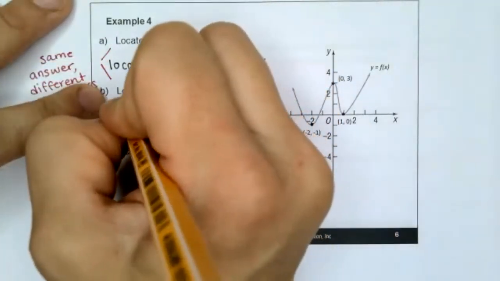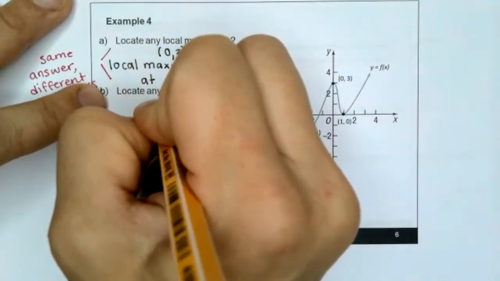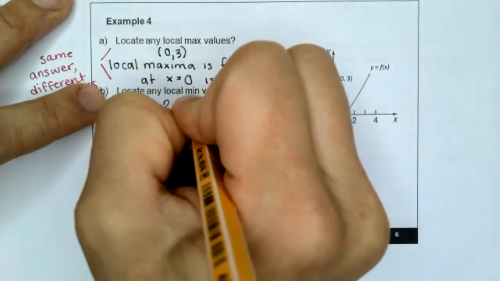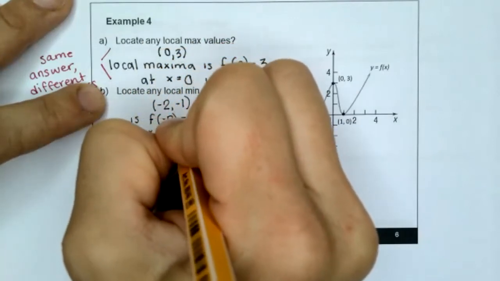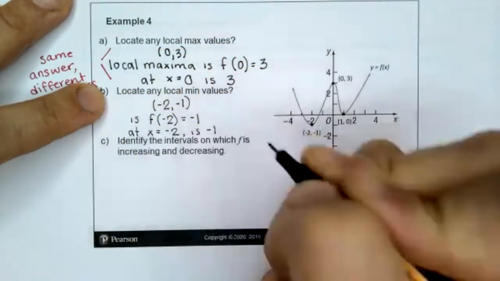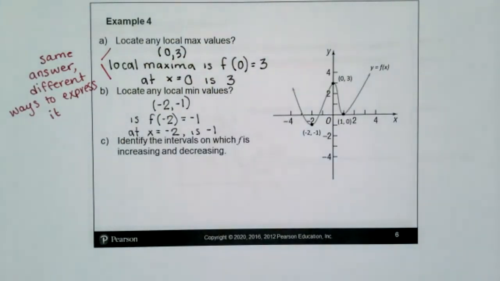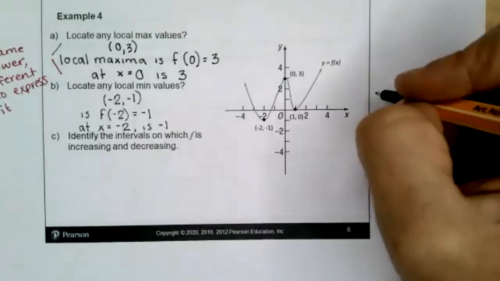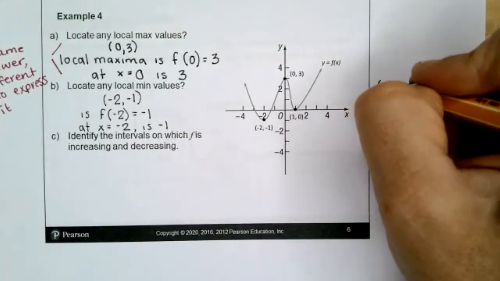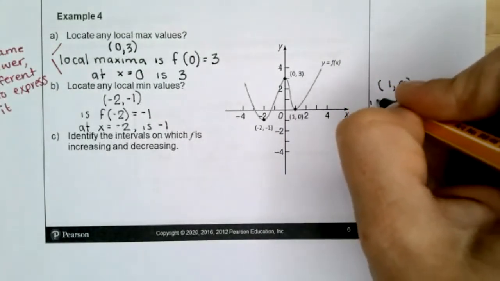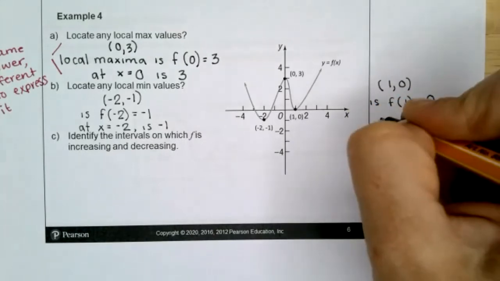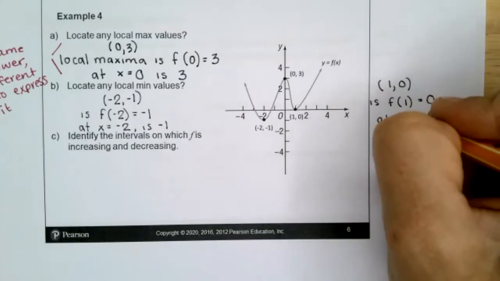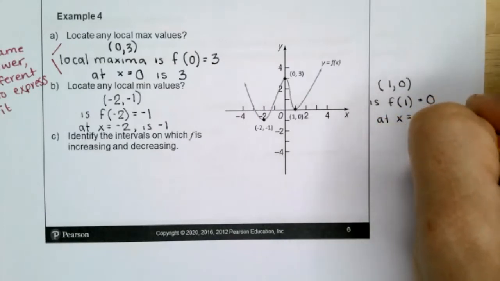So is f of -2 equals -1, or at x equals -2 is -1? And my other minimum is 1, 0. Is f of 1 equals 0, or is at x equals 1 is 0?